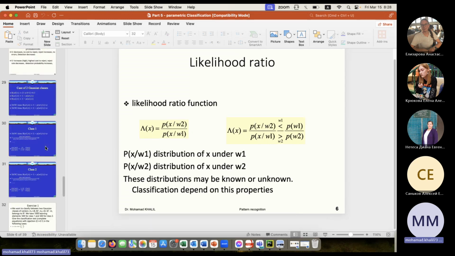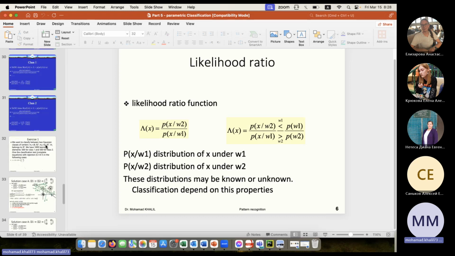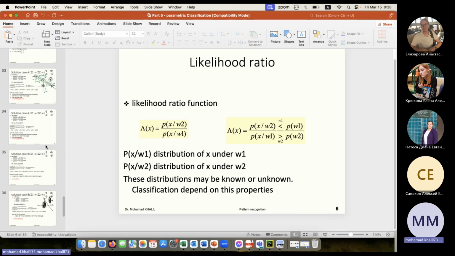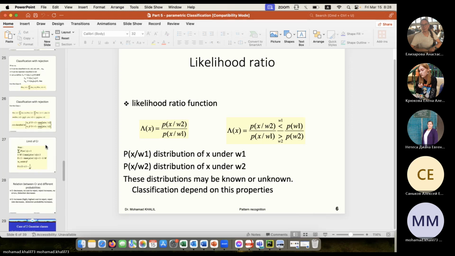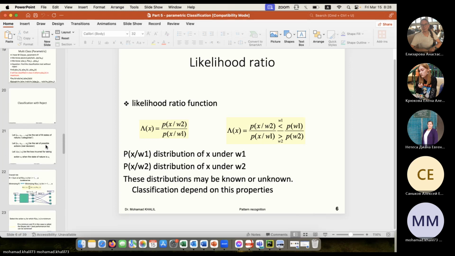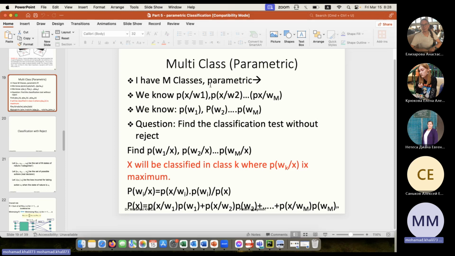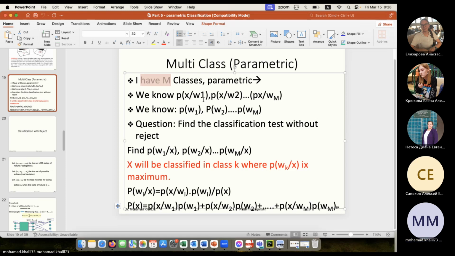And at the end we have seen that in case of multi-class, that means if you have m classes, not only two, we cannot do the ratio. So you have P(x|omega 1), P(x|omega 2), up to P(x|omega m).